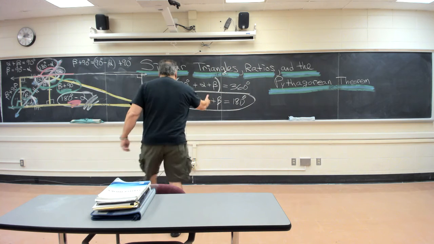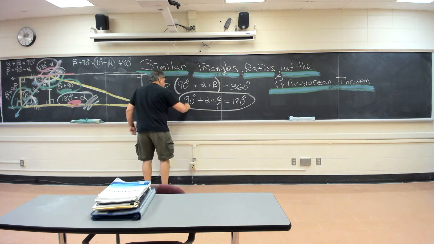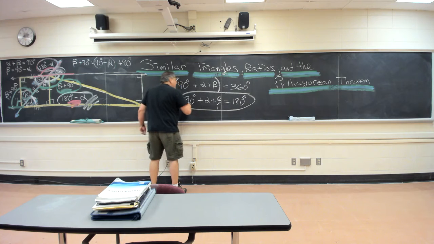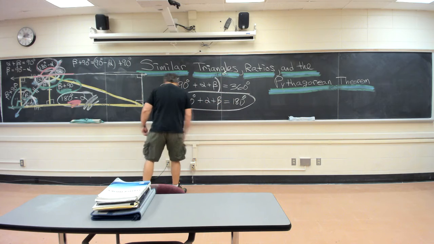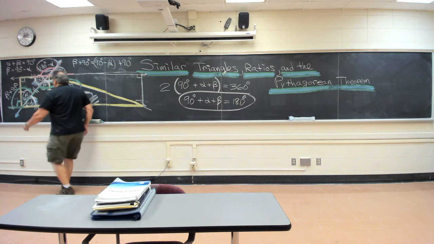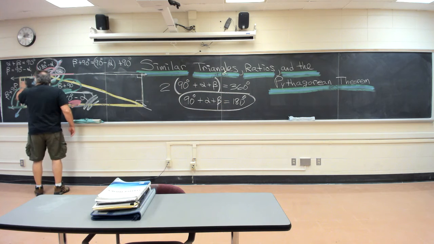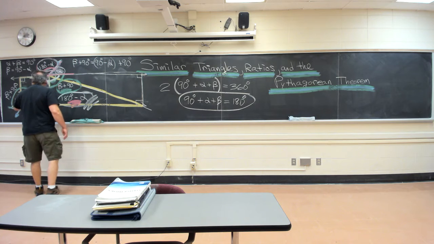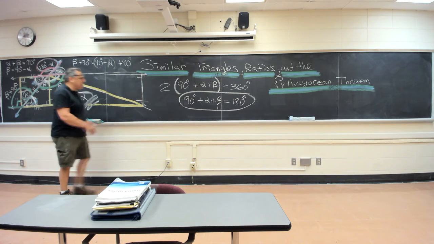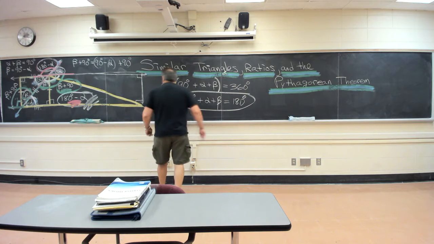These are all 3 sides, all 3 angles. The right angle, the 90-degree angle, there's alpha, there's beta. 90 degrees plus alpha plus beta is going to give me the 180.